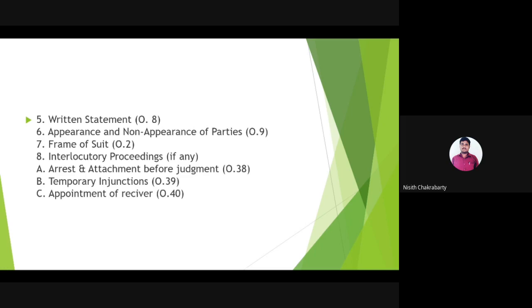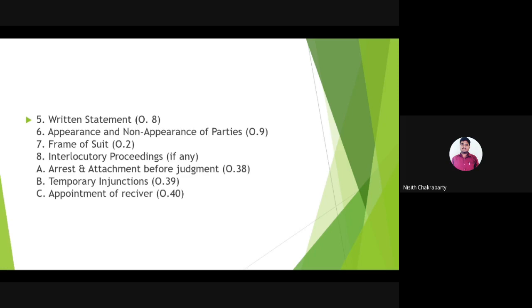Then there would be an optional stage, the interlocutory proceeding, which is an optional stage where the parties are concerned that their suit property will be deteriorated, or the purpose of filing the suit will be futile if no urgent action is taken. Then parties can approach the court by filing an interlocutory application, and that will be the interlocutory proceeding.